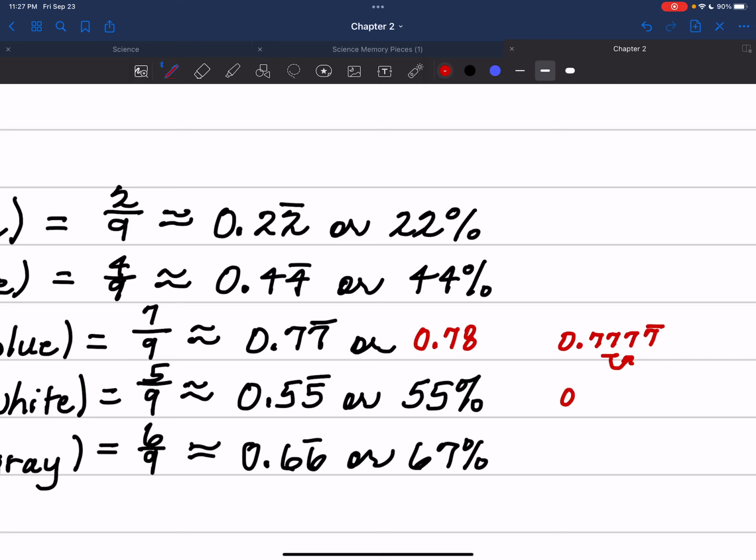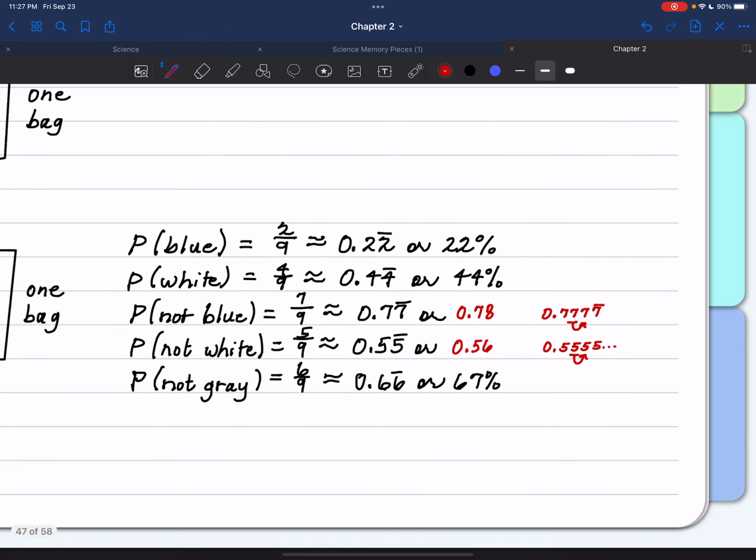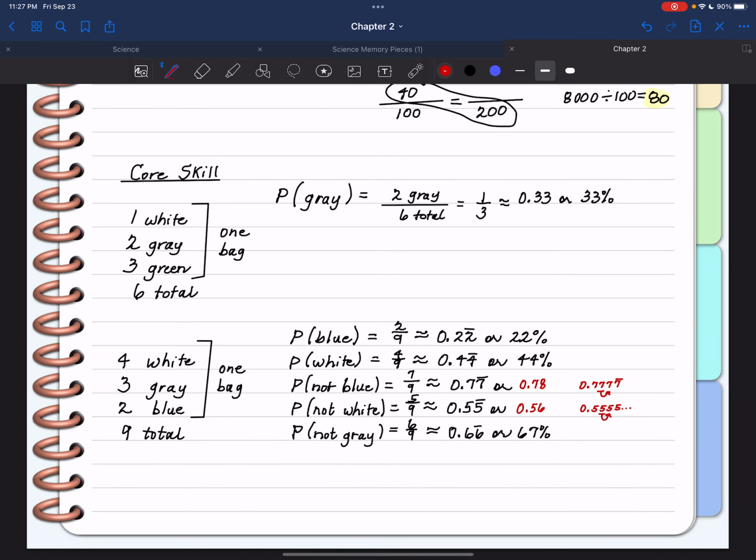Same with this one, 0.5555 forever. That's going to round to 0.56. And that was just a careless mistake on my part. I apologize to you for that. I caught it with 6/9 because that's the same as 2/3, and I have that one memorized. All right, so that was the core skill.